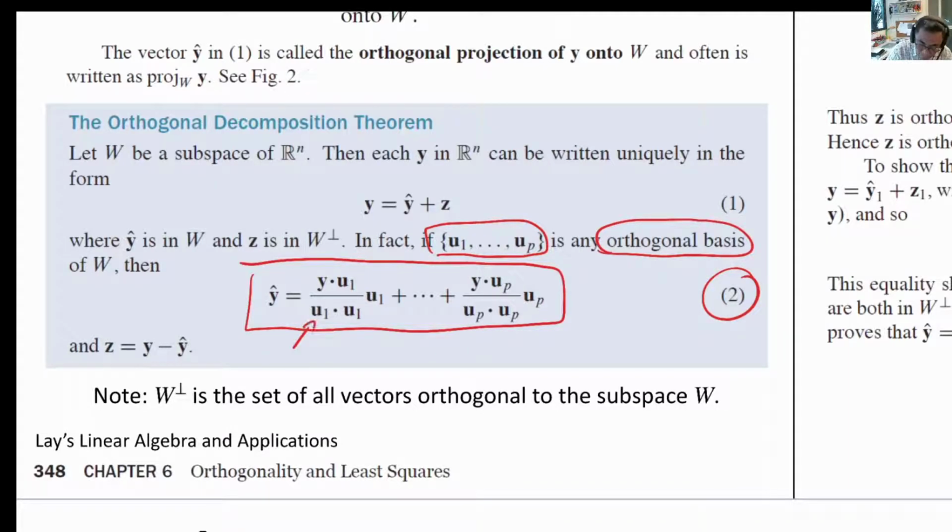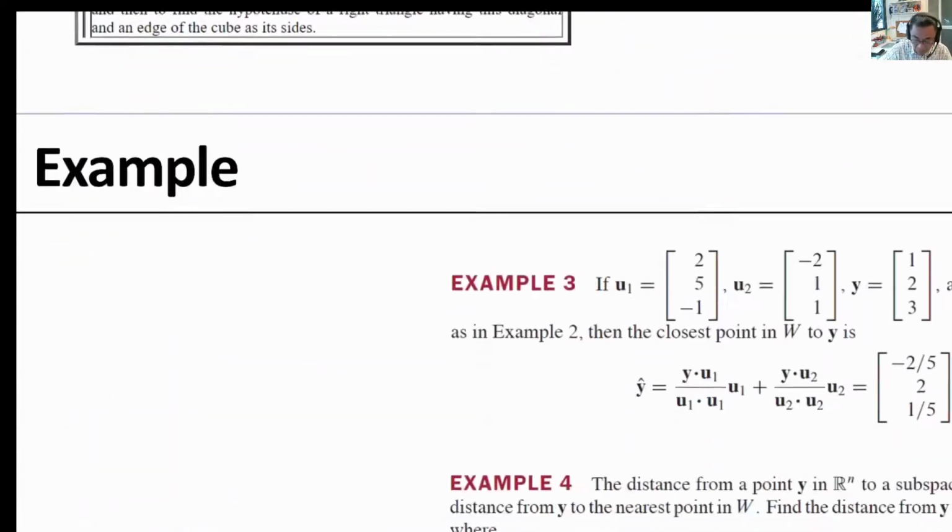However, in an orthonormal basis, the norm of u1 is equal to 1. Therefore, the dot product of u1 with itself, the denominator, would be 1 for an orthonormal basis. This is why all these cancel and equation 2 becomes equation 4 over here.